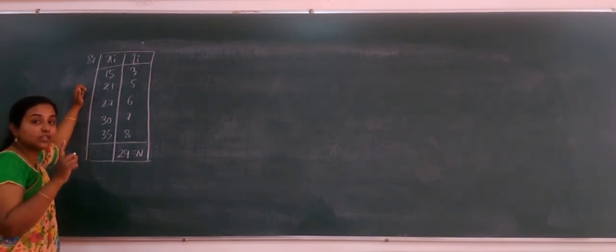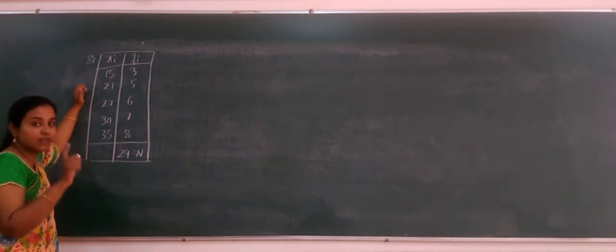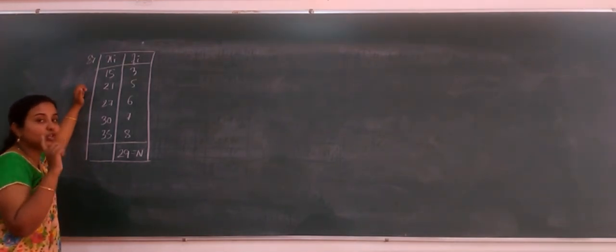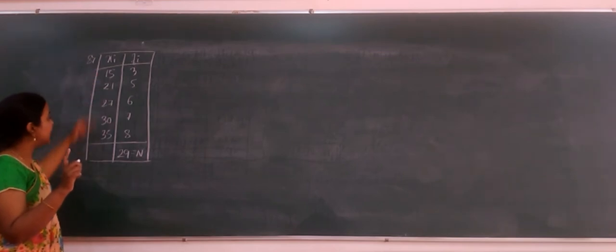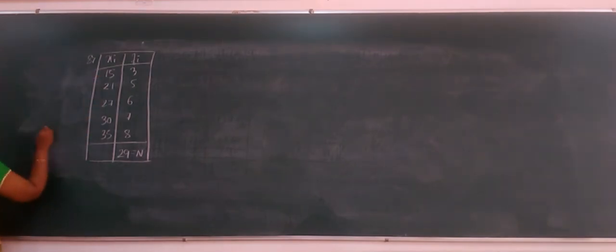Why should it be arranged? Because depending on the position, we will be choosing the observation. So for that reason, you have to see that even this data is arranged. Now let us imagine, instead of that way, they have given 21, 5, 15, 3.